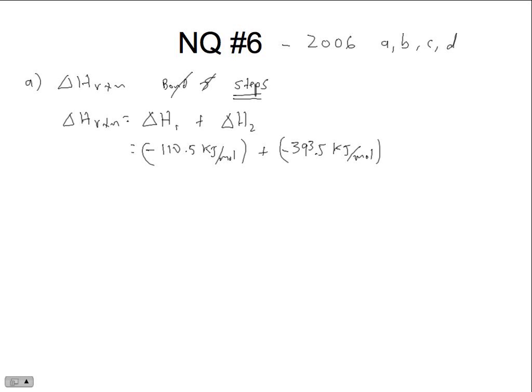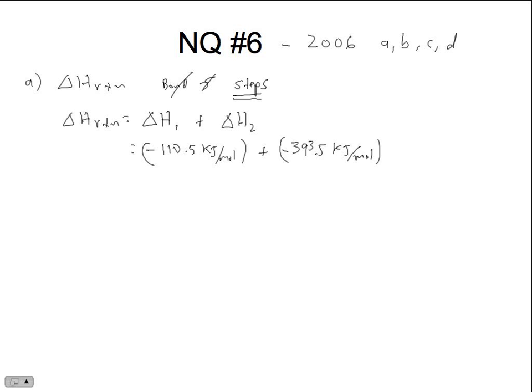If you notice the first reaction, it's got carbon solid plus a half oxygen goes to carbon monoxide. Notice that the carbon monoxide is on the product side in that subreaction. And if you look at the overall reaction, the carbon monoxide is a reactant. Carbon monoxide is something that is specific to that subreaction. It doesn't show up anywhere else. So we're going to use that as our guide.